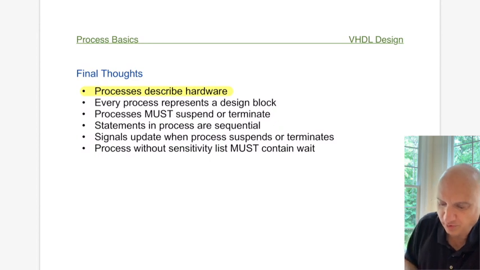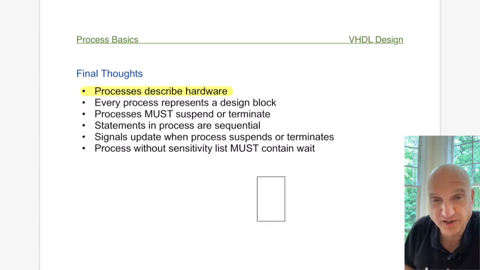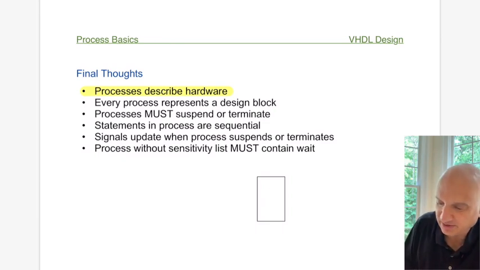Now, a process can actually be represented by a design block. That's one of the natures of the process: it defines a hardware entity that you can think of as a box with inputs and outputs. The box itself will have inputs just like any other design, and a series of outputs.